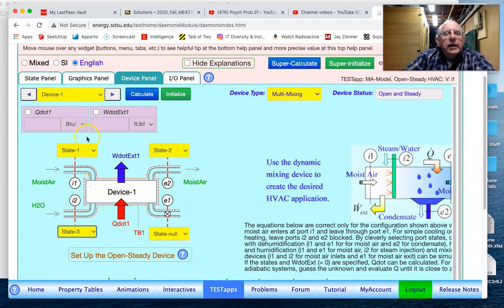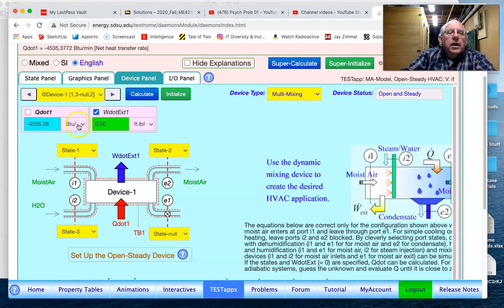It will calculate for this humidification process, because it's an evaporative cooler, what this flow rate of water has to be, because we've defined how much water is in the final state based on the fact that the wet bulb stayed the same and the temperature went down to 70. So there is no heat transfer and no work in this process.